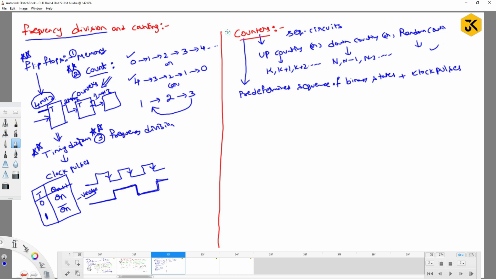I can call it a counter. For example, if I am going to have a counter, that counter can be implemented in any way.